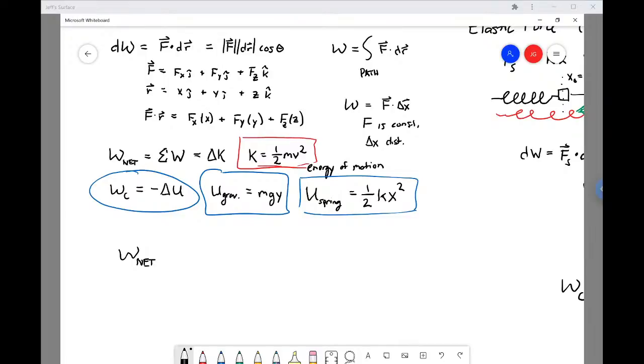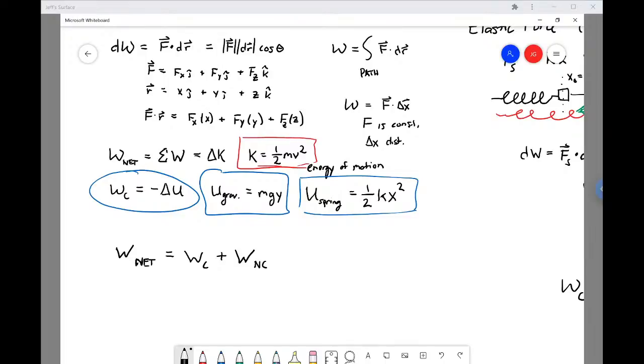If I have the total amount of work done, I could break that into work done by conservative forces plus everything else, the work done by non-conservative forces, W sub NC.